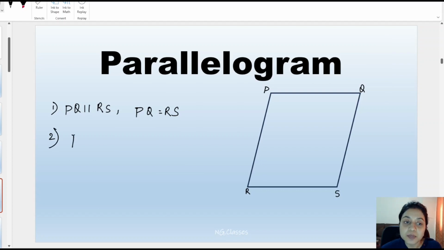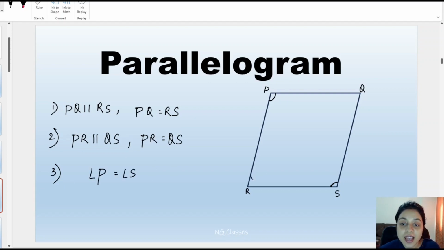Similarly, side PR is parallel to side QS, and sides PR and QS are of the same length. Apart from that, opposite angles of the parallelogram are also equal. So angle P is equal to angle S, and angle R is equal to angle Q.